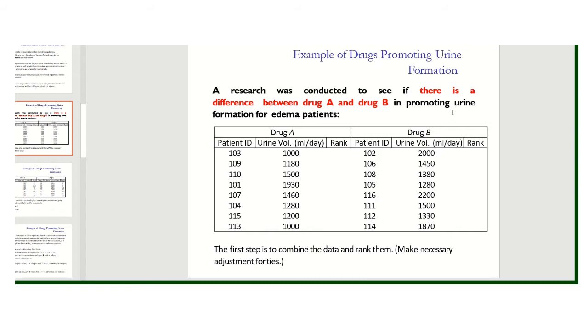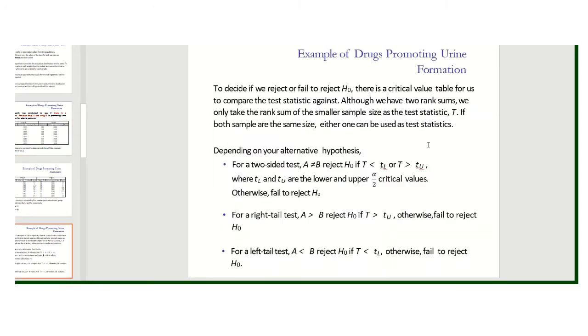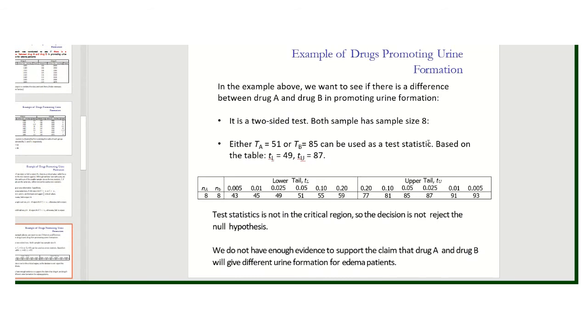So this is a two-tail test, all right? And if you examine the table, you'll notice we have 8 patients for drug A, 8 patients for drug B. So the sample size is relatively small and normality is very hard to achieve. Therefore, we are doing the non-parametric test. So in this case, it is your Wilcox rank sum test.